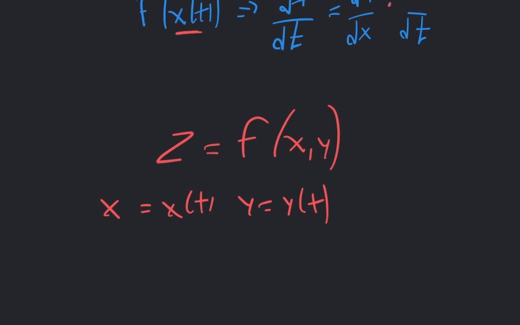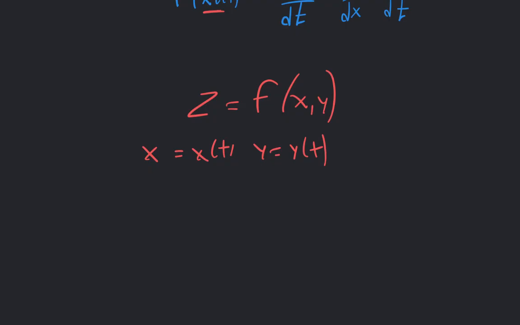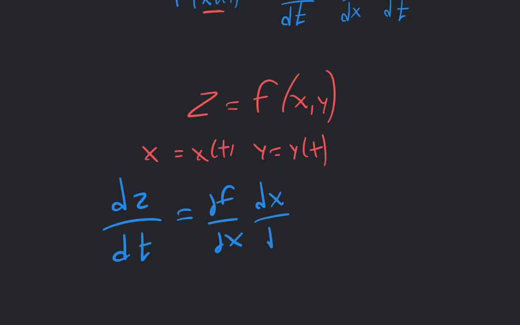Then when we take the derivative, let's say we differentiate dz by dt, we have to use the chain rule for each one. So partial f by partial x, dx by dt, plus partial f by partial y, dy by dt.